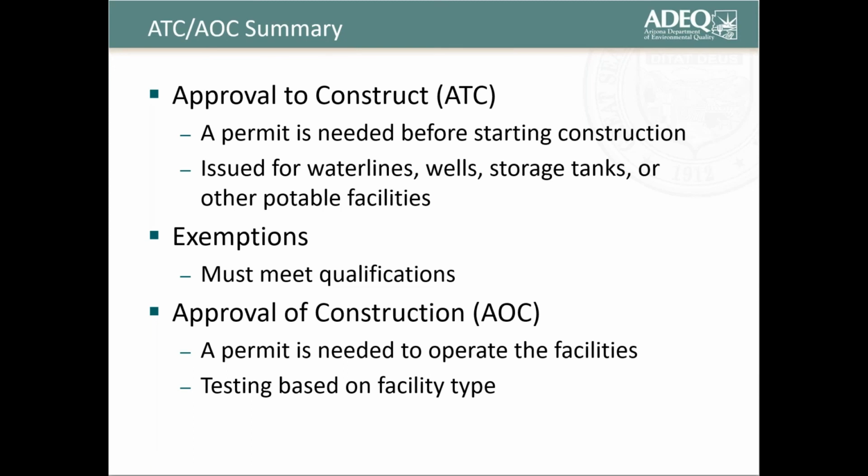We do make sure that you meet those qualifications and meet the rules for the Arizona Administrative Code. And then we learned about the AOC phase, which certifies the completion of the project that is ready for operation. After proper testing and review of the record drawings, the AOC permit is issued as the final step in the ATC and AOC process for drinking water facilities.